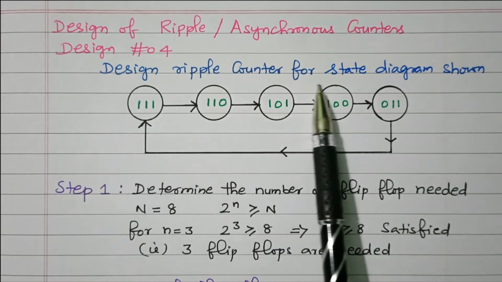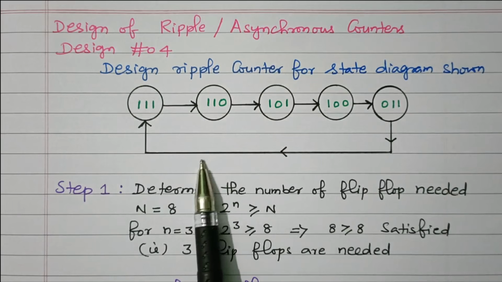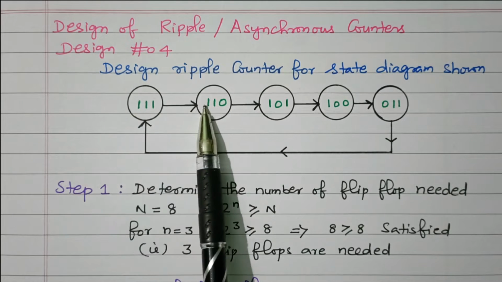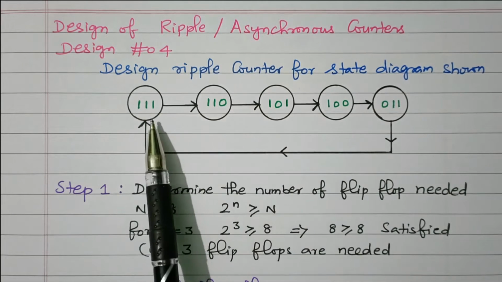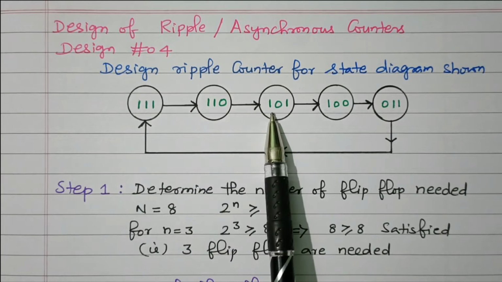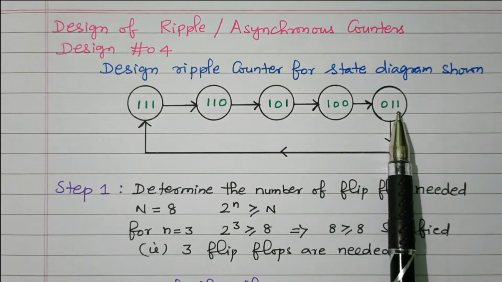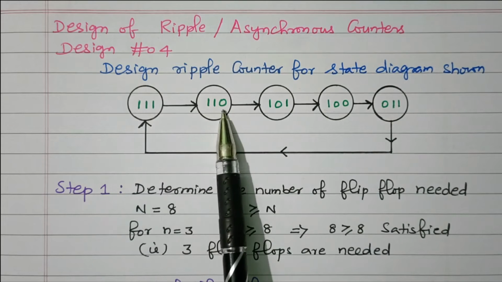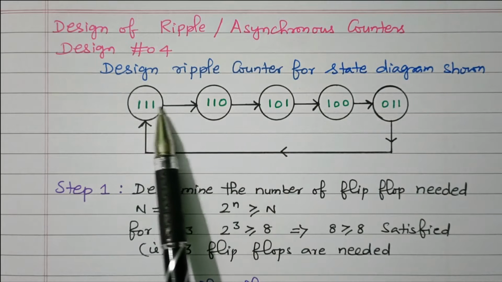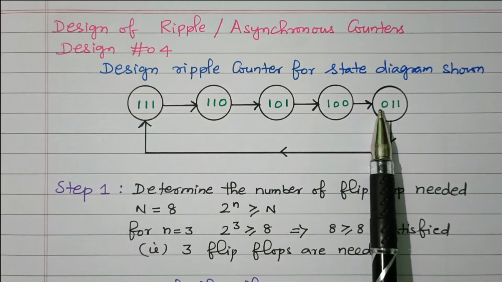Design the ripple counter for the state diagram shown below. Based on the state diagram, we need to design the ripple counter. There are 5 states available. 111 changes to 110, then it goes to 101, 100, 011. So the 3 digits are available, so definitely there will be 8 states, but only 5 states are needed here. The remaining 3 states are not needed.